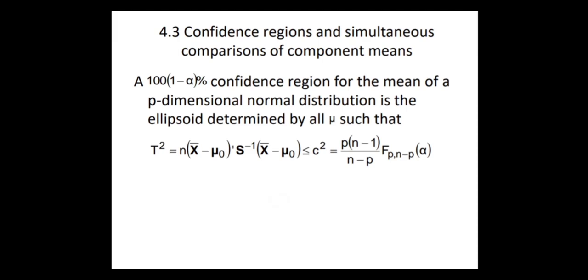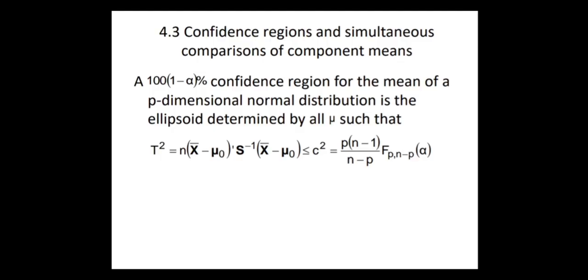Transpose, multiply the inverse of the covariance matrix, multiply vector x bar minus vector mu naught. Okay, if the square distance, or T square, is less than the value of c square, which is the F distribution multiply with p(n minus 1) divide by (n minus p).